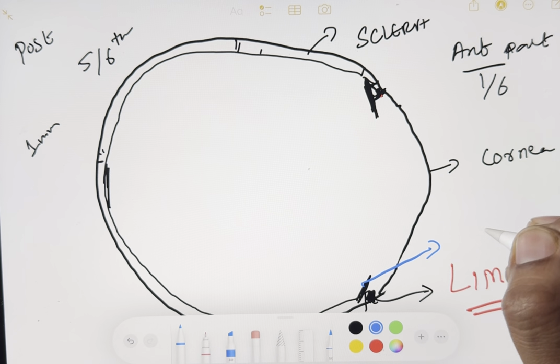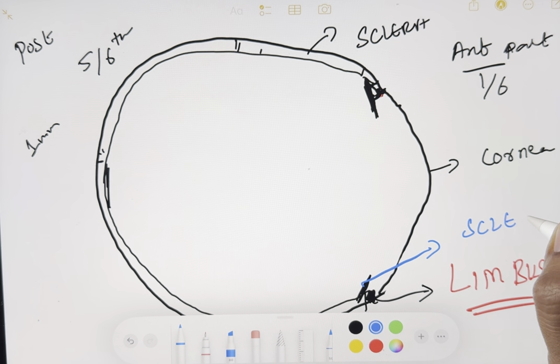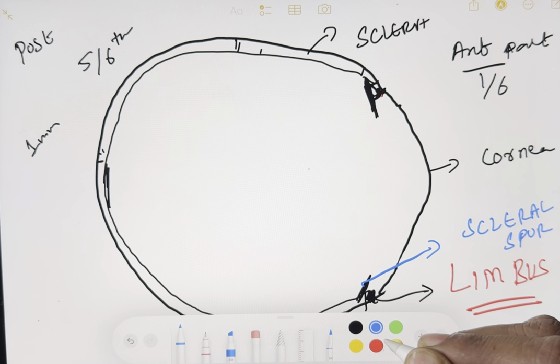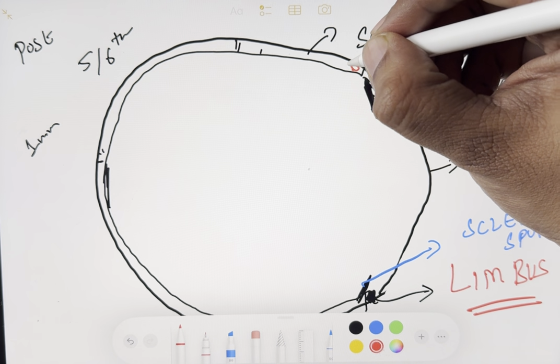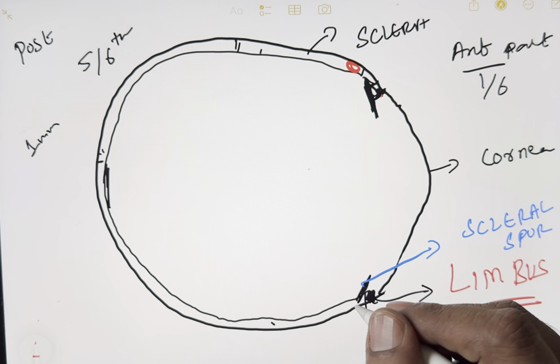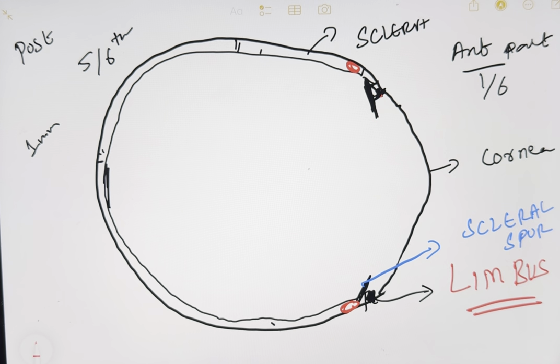What is this called? Scleral spur. Also there is a cylindrical opening here to drain, like a pipeline structure.